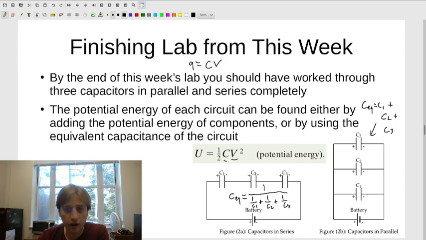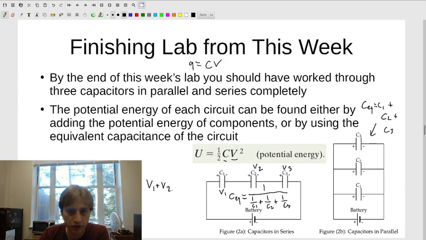Now, the case with the capacitors in series is a little more complicated because V1, V2, and V3 are not the same. They add up.